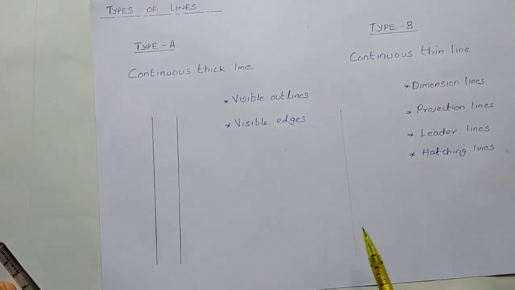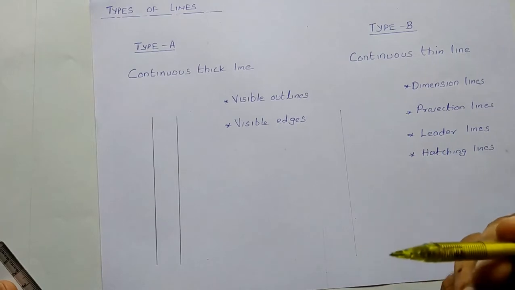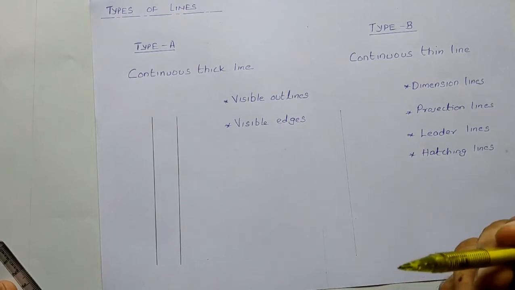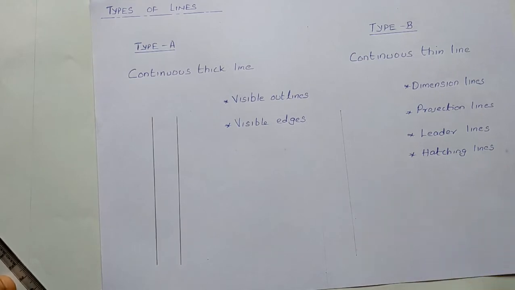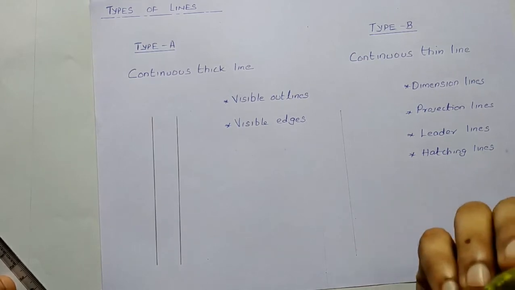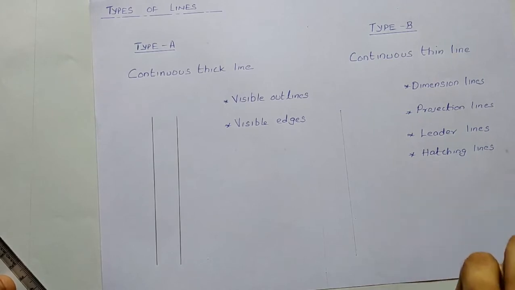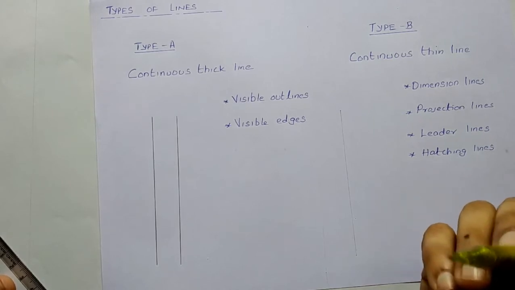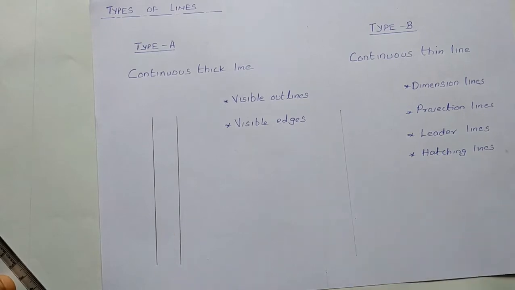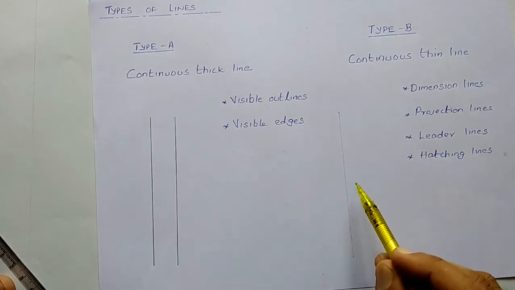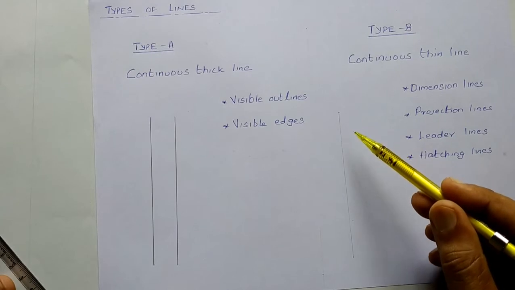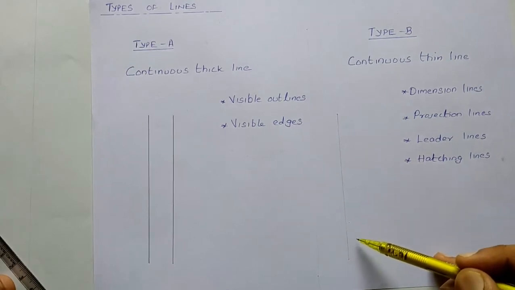When you notice this line and this line, both are drawn with the same 0.5 mm clutch pencil. In this pencil, I have inserted a lead with the specification HB. So this is a 0.5 mm HB lead. For drawing both of these lines, I have used the same pencil and same lead, but there is a drastic difference between these two lines. This line seems to be thin and less dark.